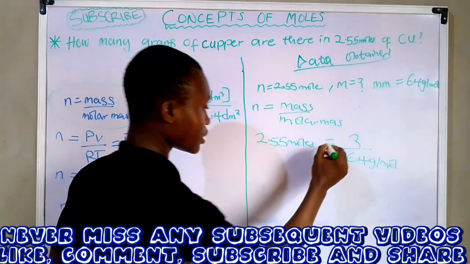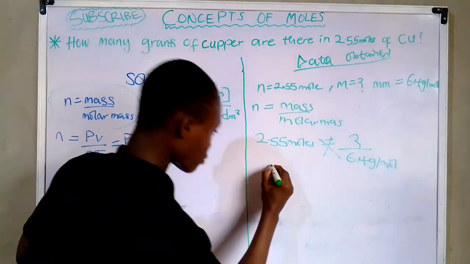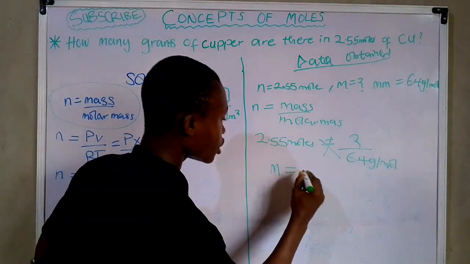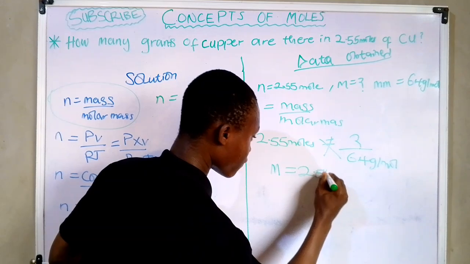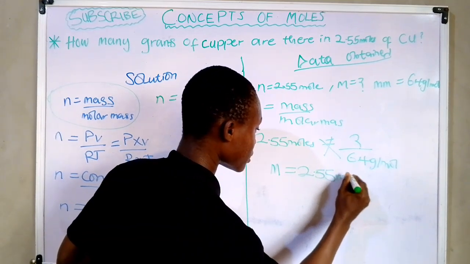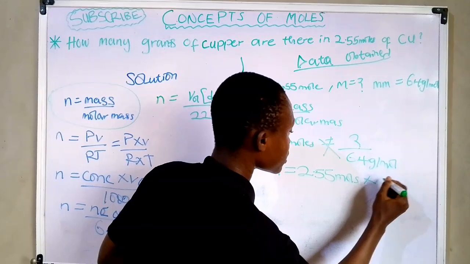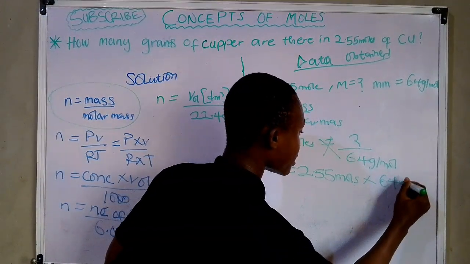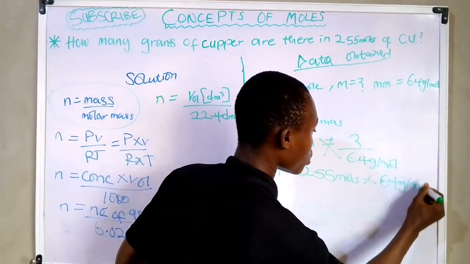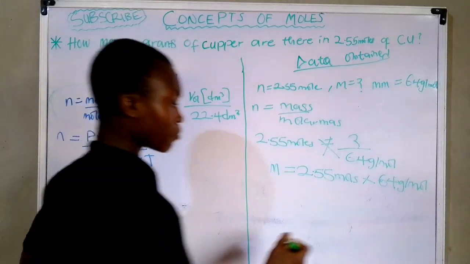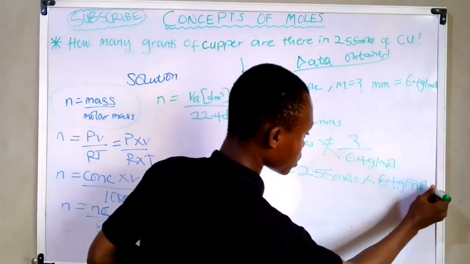Now cross multiplying, we have the mass to be 2.55 moles times 64 grams per mole. Moles cancel moles.